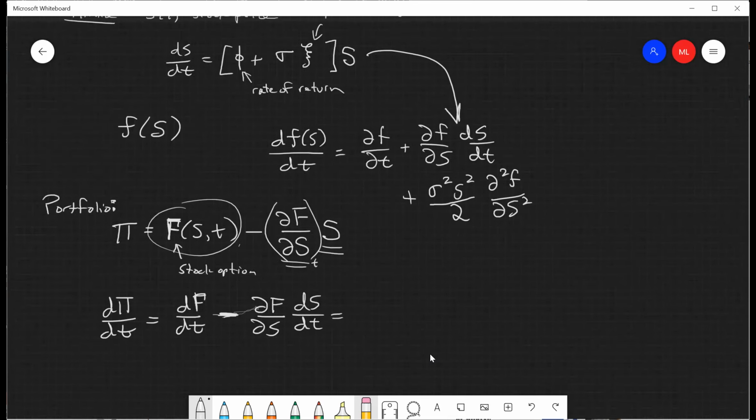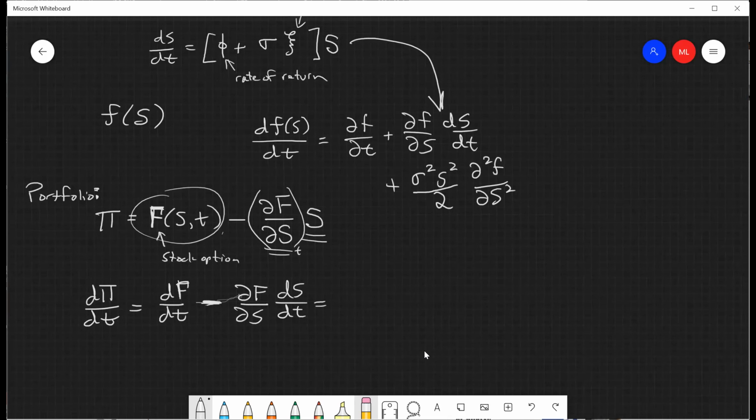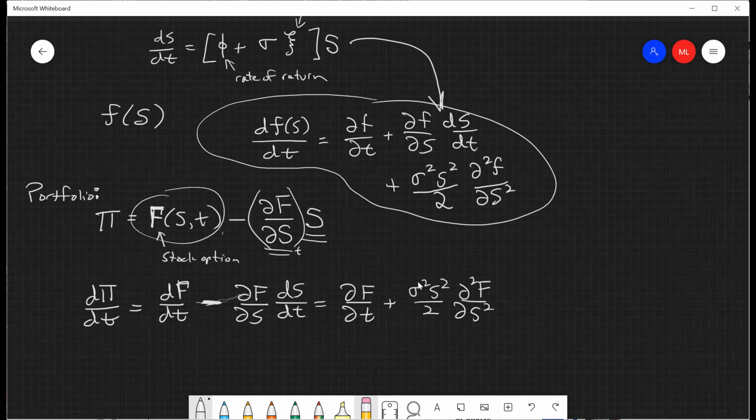the equation of motion for the stock price, and that tells us that this is df dt. Then there's plus sigma squared s squared over 2 d squared f ds squared. That just comes from this formula here.